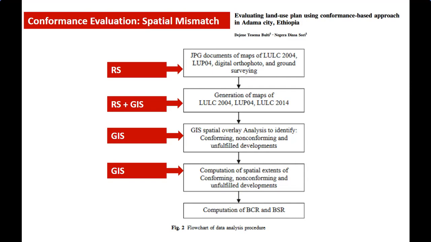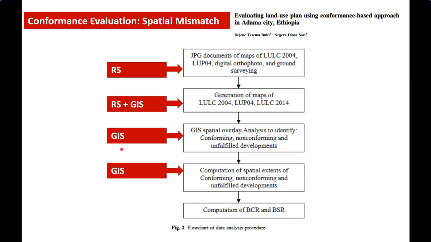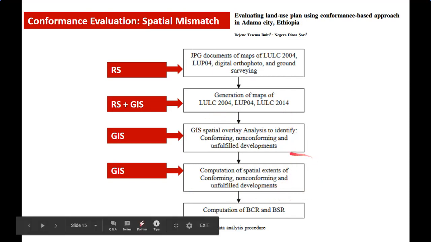So the first step is using remote sensing to interpret and create the shapefile data, the vector data, from the satellite imagery. And then after we already have the land use shapefile, we can use GIS. The basic method to do the land use conformance evaluation is the overlay technique.